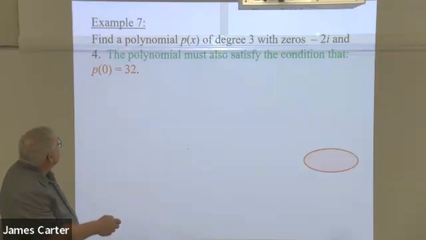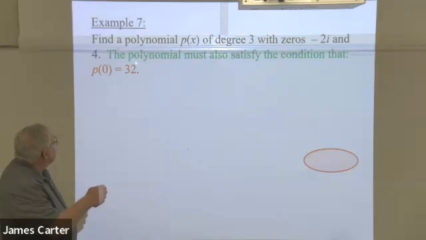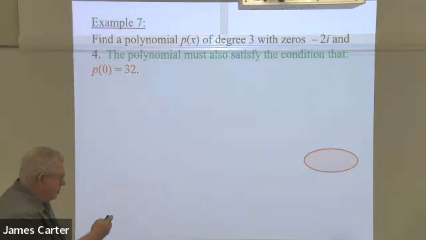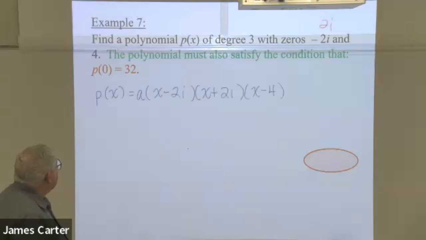After you get through multiplying this thing out, you may have to adjust it with an a term so the y-intercept is 32 in this case. Well, if we got negative 2i, we also got positive 2i. So that generates this, that generates that. And it tells us also that we have an x equals 4, which gives us the x minus 4. So there are our 3 factors.